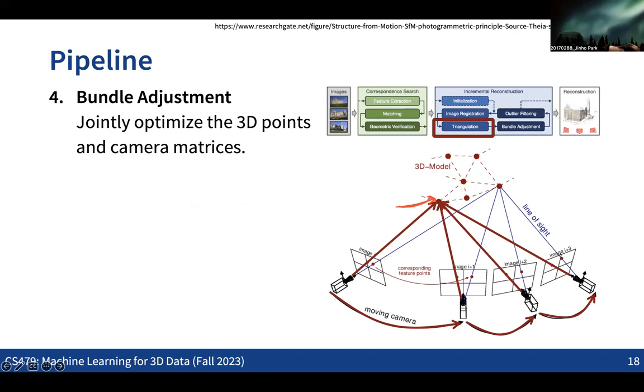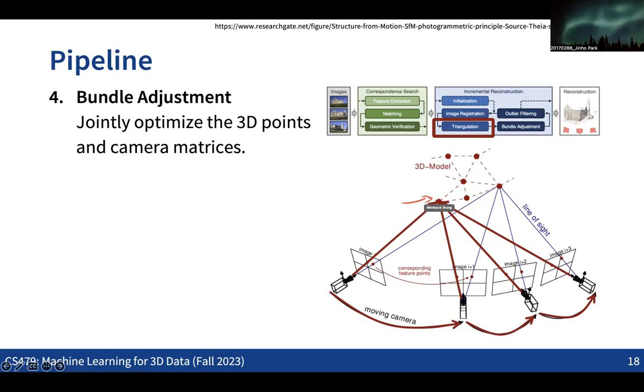But if we have some small noise in the correspondence or the camera matrix information, then when you shoot the rays, they will not intersect at one single point. So we do a joint optimization, optimizing all the camera matrices of the images and also the 3D points.